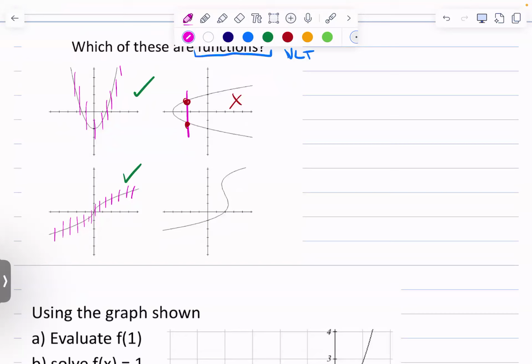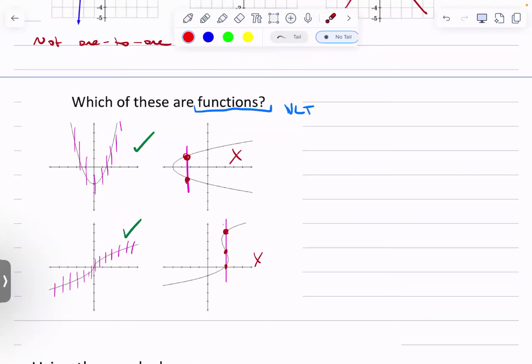You know, sometimes they get kind of squished like that, but that's okay. And here I can see an example where it doesn't pass, so immediately it's not a function. Nice. We can take it one step further because now these two are our functions, but this one is not one-to-one, if I move on to my horizontal line test.